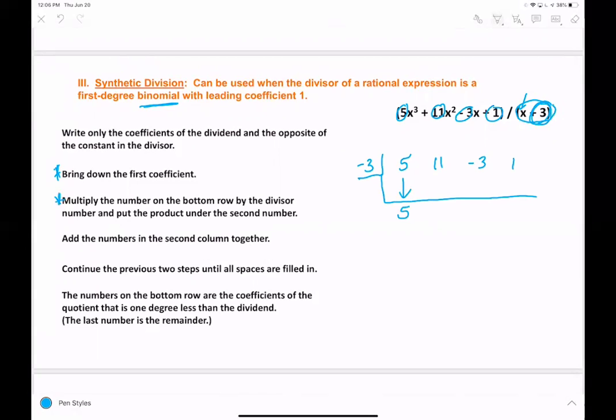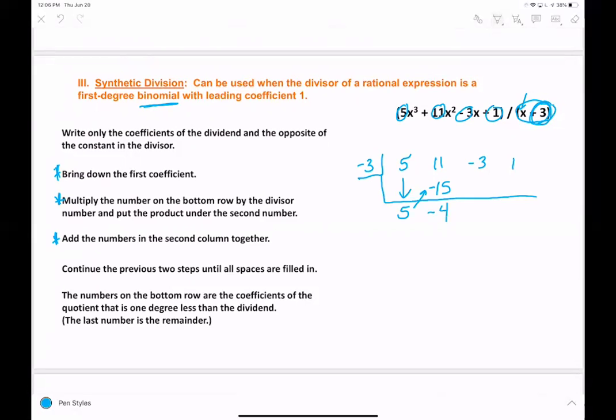Then we're going to multiply the number on the bottom row by the divisor number. So we're going to say 5 times negative 3, and we're going to place that under the second number. So that's the negative 15. Then we're going to add the numbers in the second column, so 11 minus 15 is a negative 4.